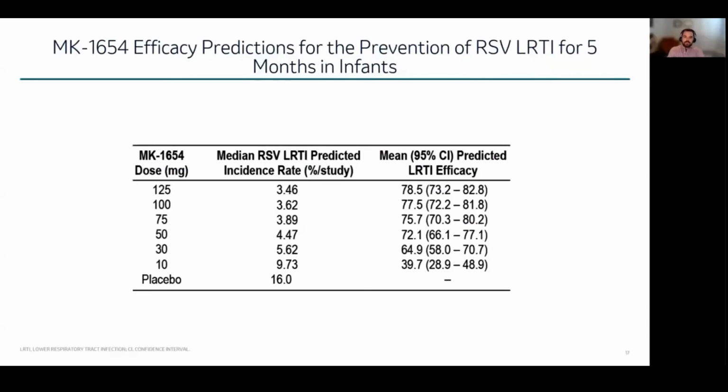And these efficacy predictions were used to guide our dose selection for our late-stage studies, and they provided confidence that MK1654 can really yield high efficacy for the prevention of RSV in our ongoing trial.